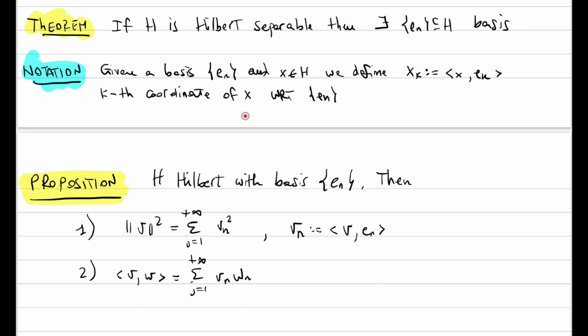Okay, so as it happens in Euclidean space, whenever you fix a basis, then you have some properties. You can express a vector in Euclidean space by decomposing it with respect to the basis.